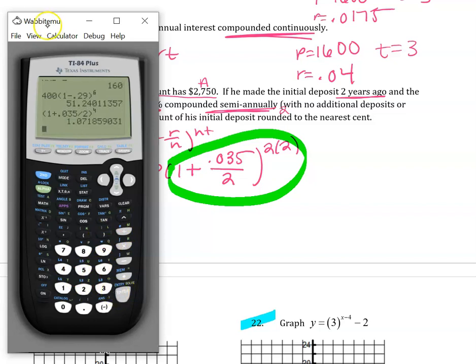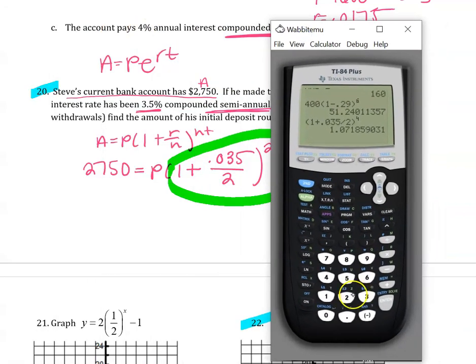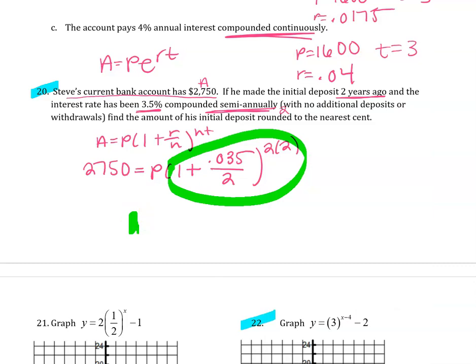In order to solve for P, I'd have to take 2750 and divide by that number. So 2565.64. And that's how much money he initially put in the bank.